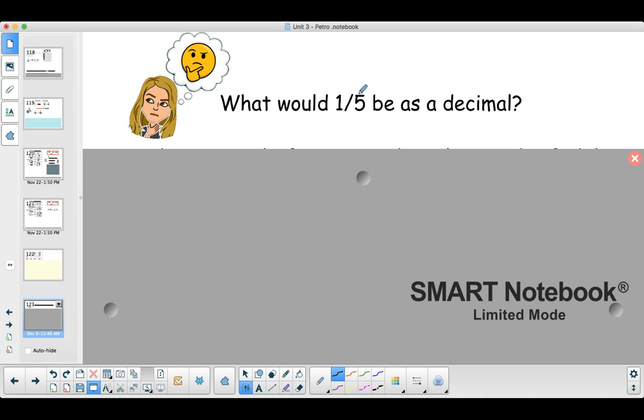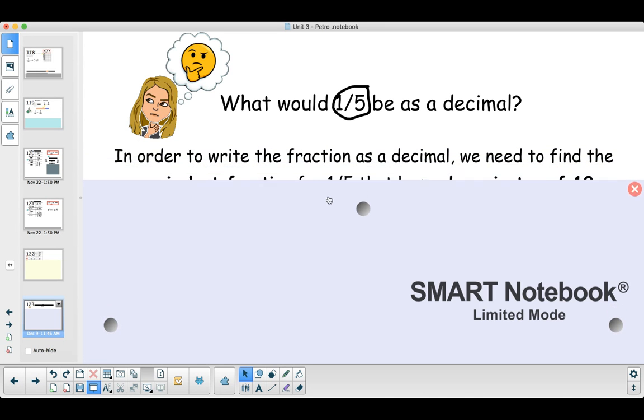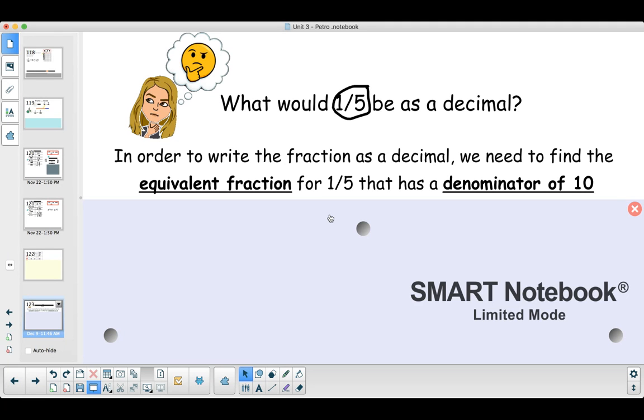So the way that this fraction is written right now, it can't be written as a decimal. What we need to do is find an equivalent fraction for 1/5 that has a denominator of 10. Think about our equivalent fraction rule.